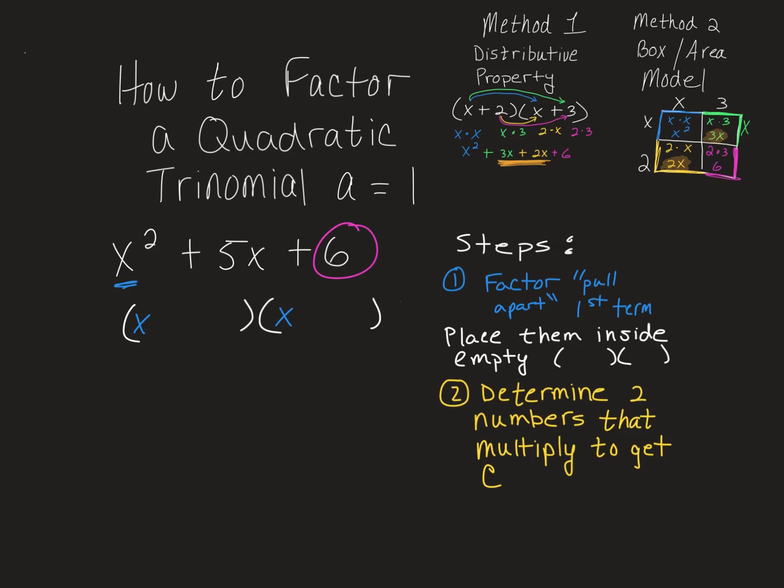So two numbers we would multiply to get C. So in this case, that's going to be 6.